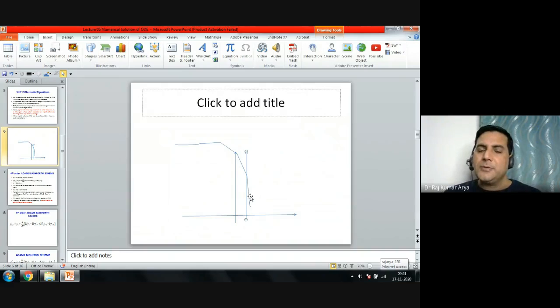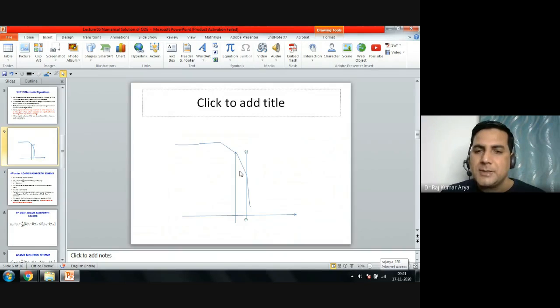Suppose there is a huge change in the function here. You see that between these two, this is the change. So if you are changing the step size here, you will directly get here. You are not able to capture this.